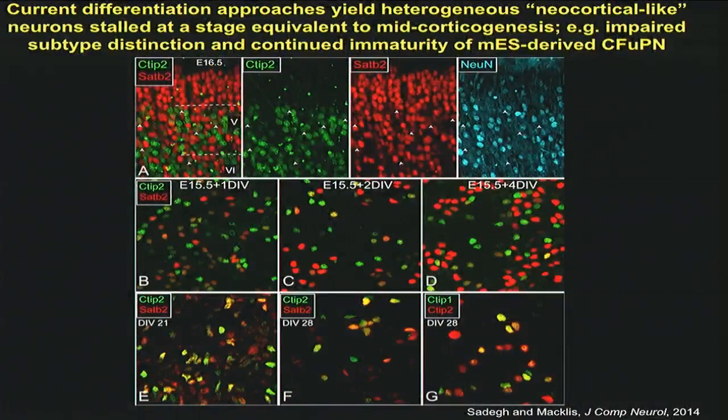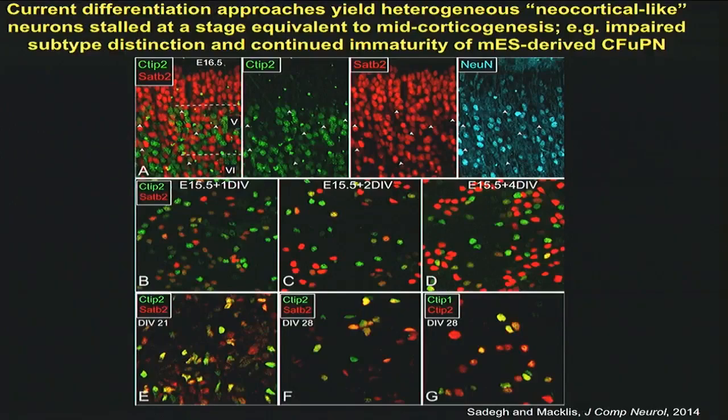So if one looks in culture, and Bill Lowry showed us some of this, and others have shown us, and does attempted directed differentiation to try to get, for example, cortical neurons, I think many people in the room and in the field would agree that current differentiation approaches from ES or iPS, whether you're trying to get neocortical-like or some other type of neuron, end up with immature neurons that have not fully distinguished themselves from other subtypes.